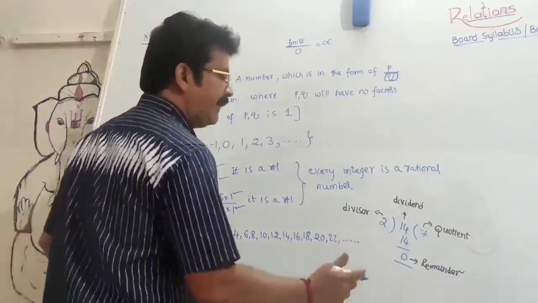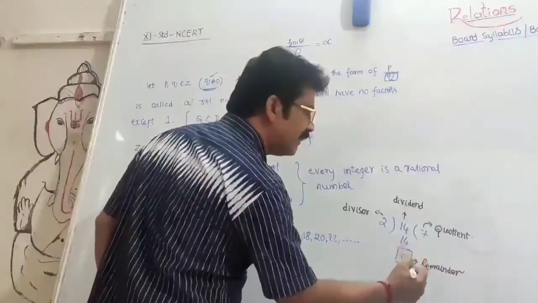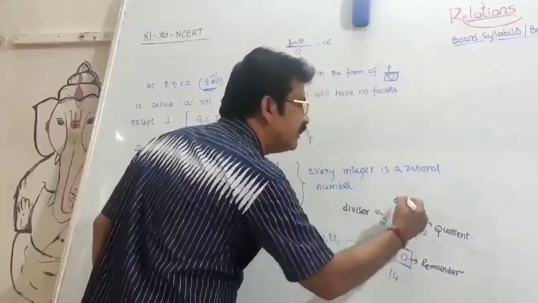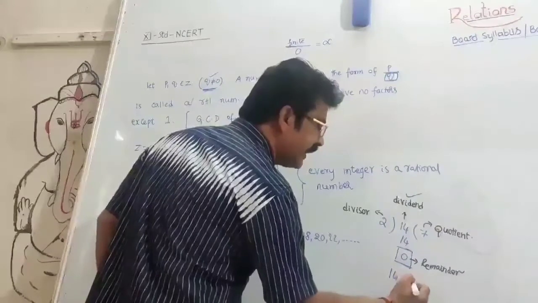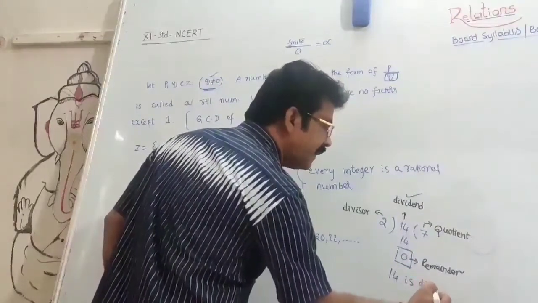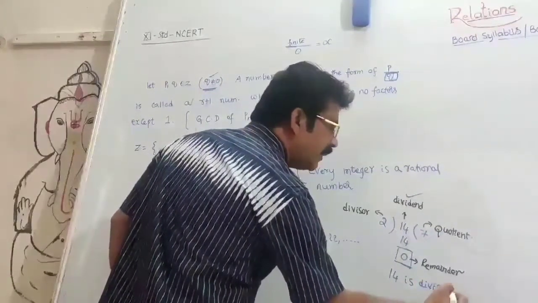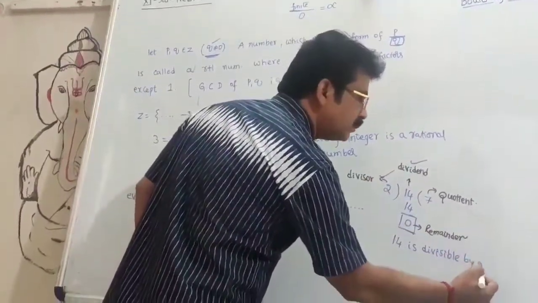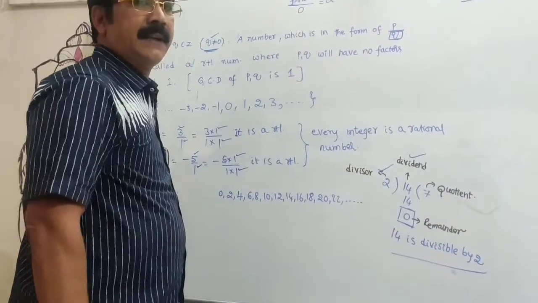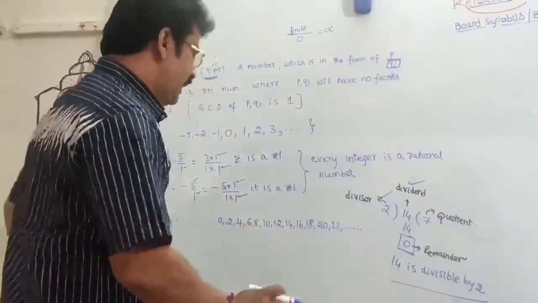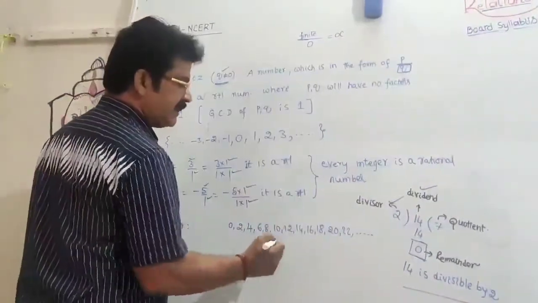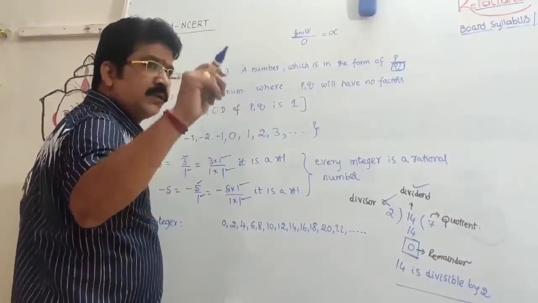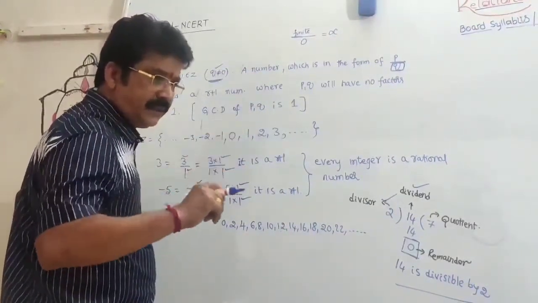Whenever we obtain the remainder 0, then we can say that this dividend 14 is divisible by this divisor 2. This is the division algorithm. Similarly, we can show that 12 is divisible by 2: 2 sixes are 12, remainder 0.